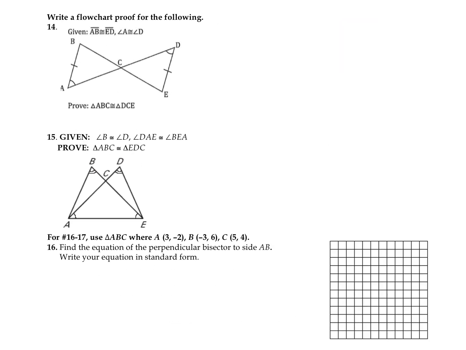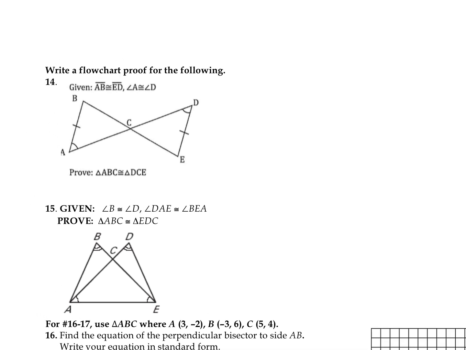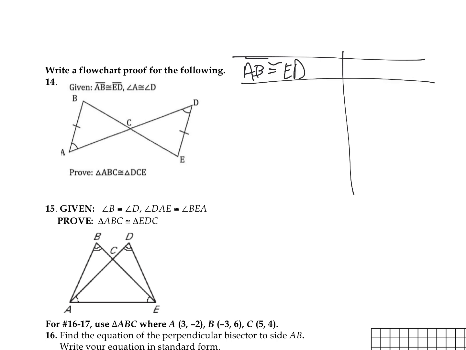All right, so it says flowchart proof, but we're just going to do a standard 2-column proof. So we have my first statement, AB is congruent to ED. And so that's a given. So if I look at my diagram, that's already marked off for us. We know that angle A is congruent to angle D, also a given, marked off for us. How great. So we have to use these 2 pieces of information.